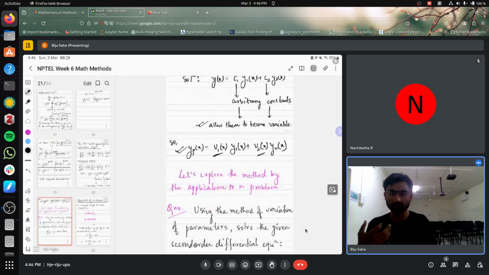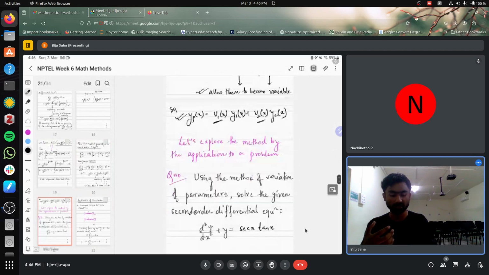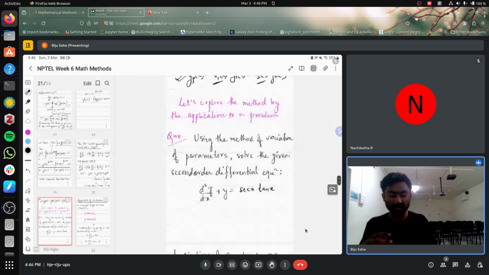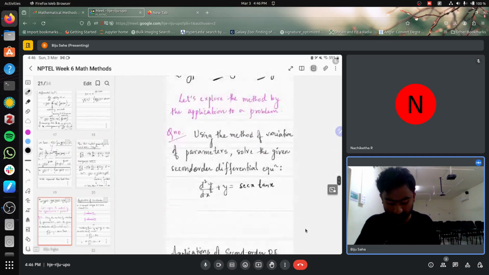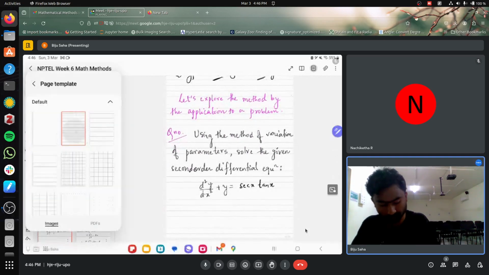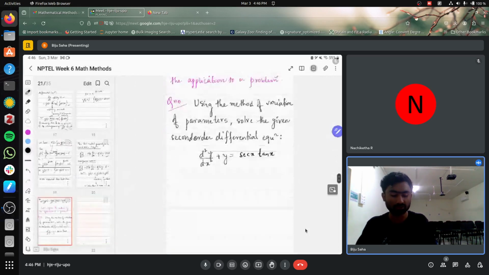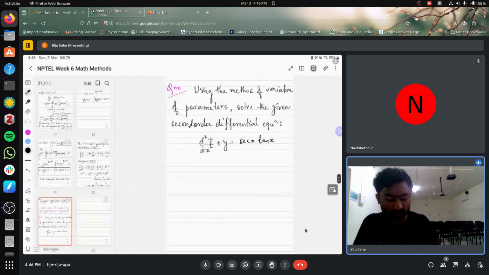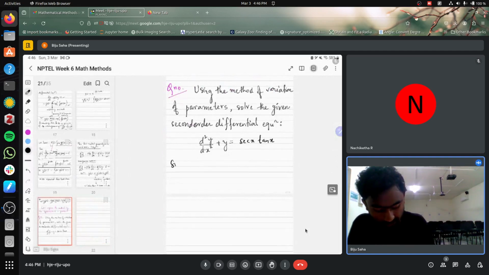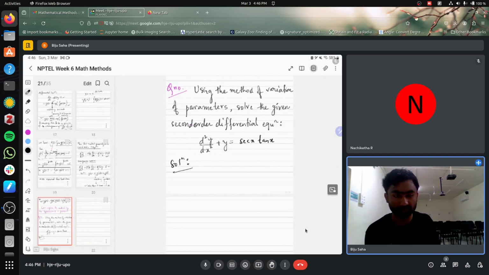So let's explore this method by applying it to some differential equation. So the differential equation I have in hand is given as this. So this is a linear inhomogeneous second order differential equation. So the homogeneous version, so we need to write the homogeneous version.